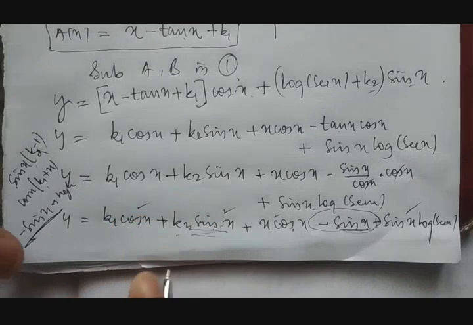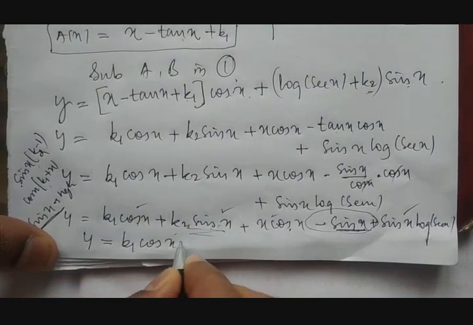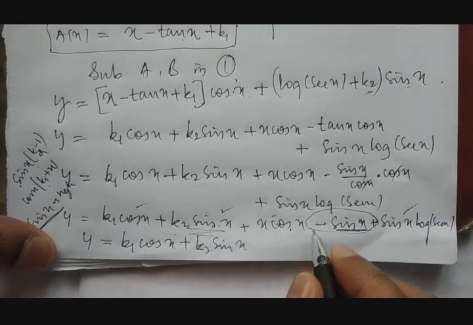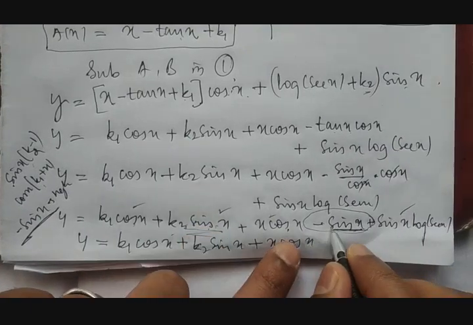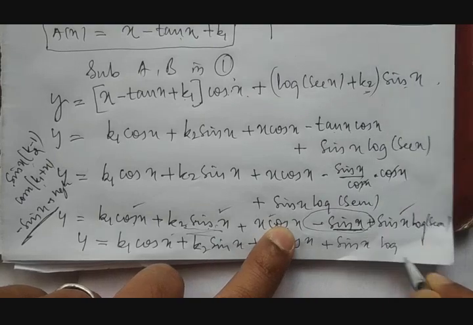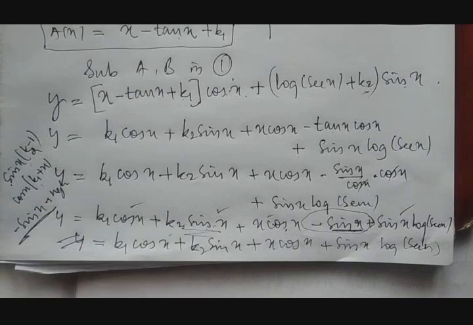Therefore, finally we are going to get y is equal to k1 cos x plus k2 sin x plus x into cos x, plus sin x into log of sec x. This is ignored. So this becomes a solution.